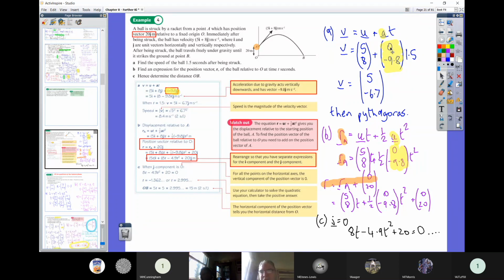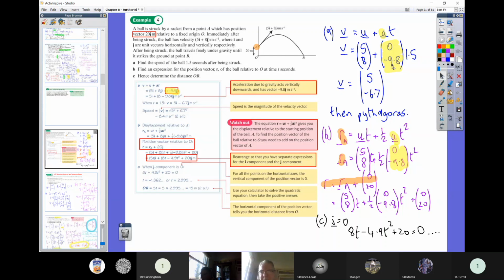But when we're moving vertically, we're obviously fighting against gravity. We're effectively resolving upwards, because that's the direction of motion here. So that's why it's minus 9.8 on the bottom. So just like when you were doing chapter 6, and you would first of all resolve horizontally and set the acceleration to 0, and then secondly you would resolve vertically and set the acceleration to minus 9.8.